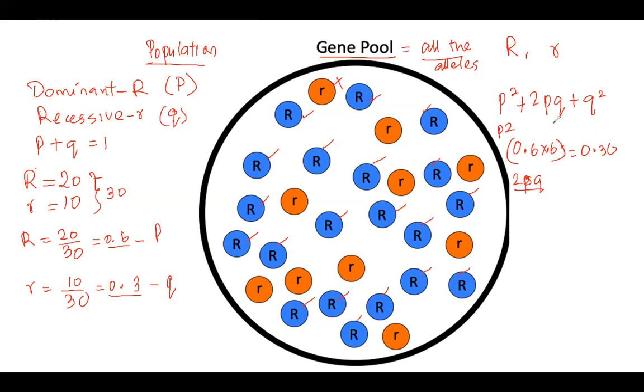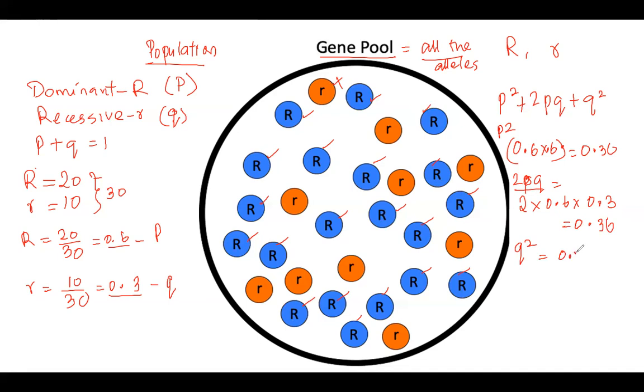What is 2pq? 2pq is equal to 2 times 0.6 times 0.3. That's again 0.36. So what is q squared?